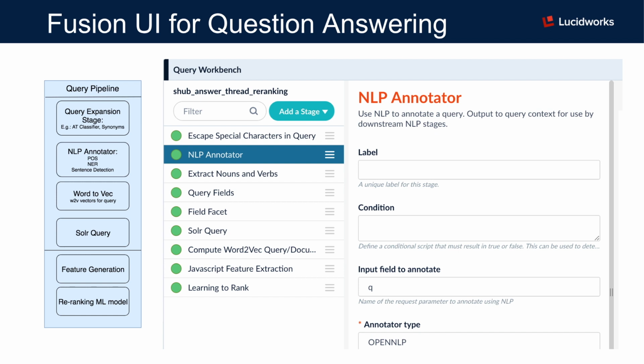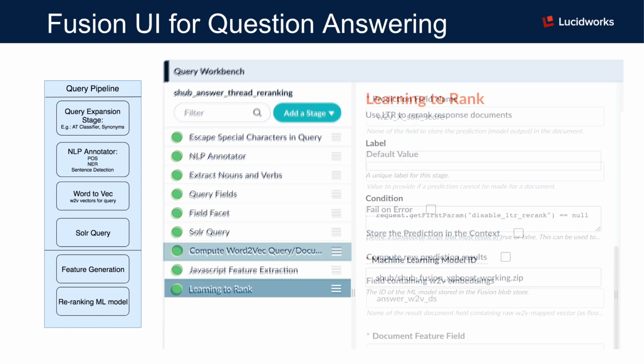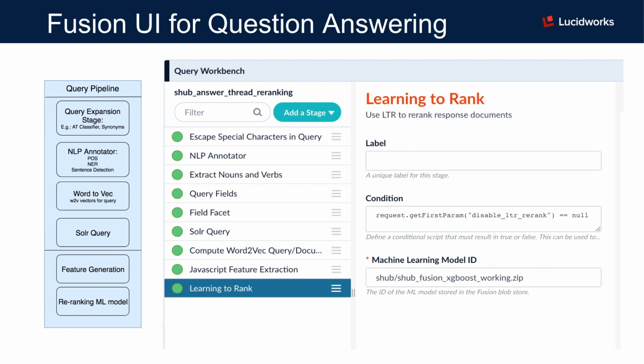Next, in the pipeline, we have the extract nouns and verbs stage and some other standard query stages. Here is the UI of the Word2Vec stage, which computes cosine similarity between the question vector and answer vectors. And finally, the LTR stage, which uses an ML model stored in the blob store to do re-ranking.